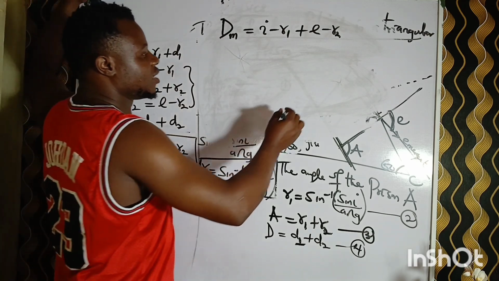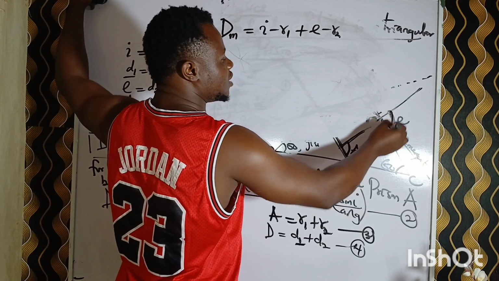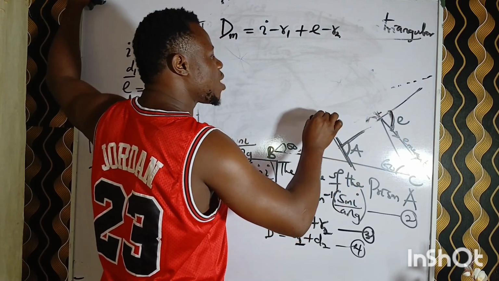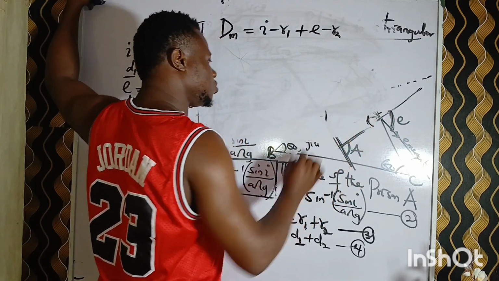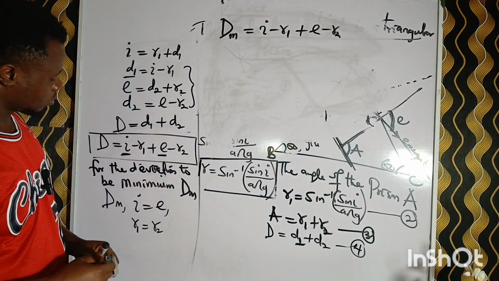Meaning that the angle of incidence we have here will be equal to the angle of emergent, and the R1 we have here will be equal to R2. That is the condition for the minimum deviation.